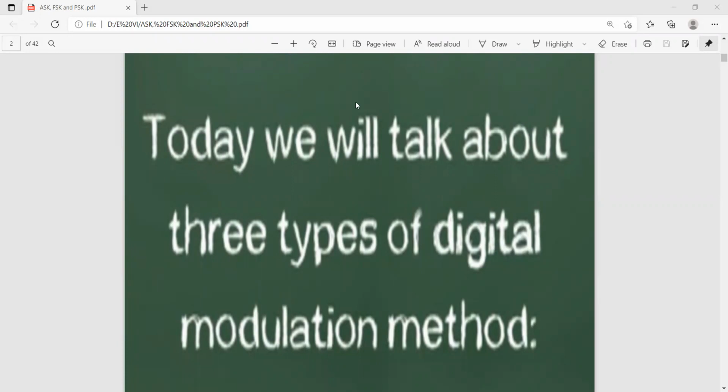So today we'll discuss amplitude shift keying, frequency shift keying, and phase shift keying, that is ASK, FSK, and PSK. Three important topics.